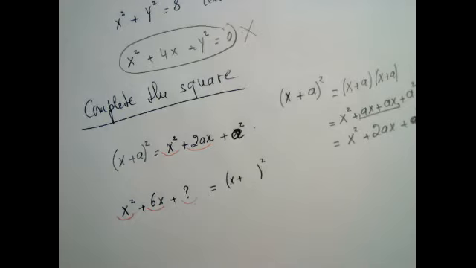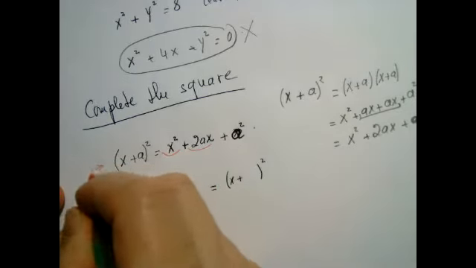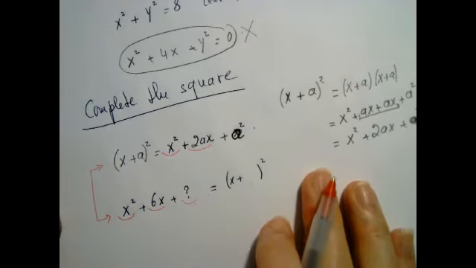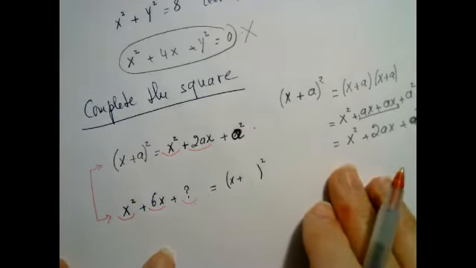Anybody can see the analogy? What should I add so that this will be x plus something squared? 3? Yes, 3.